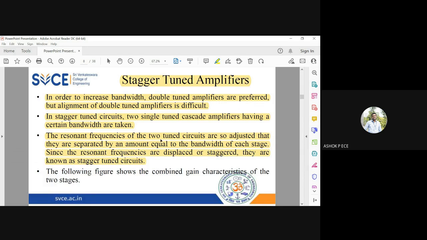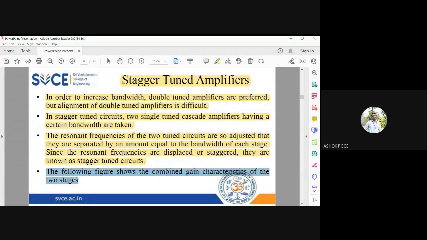The first stage has frequency F01, the second stage has frequency F02, so it is not the same frequency F0 everywhere. The two frequencies differ from the resonant frequency F0. Remember, stagger tuned means it is the single tuned circuit only. I am going to use two single tuned circuits in cascade, but they are tuned to two different frequencies slightly away from each other.